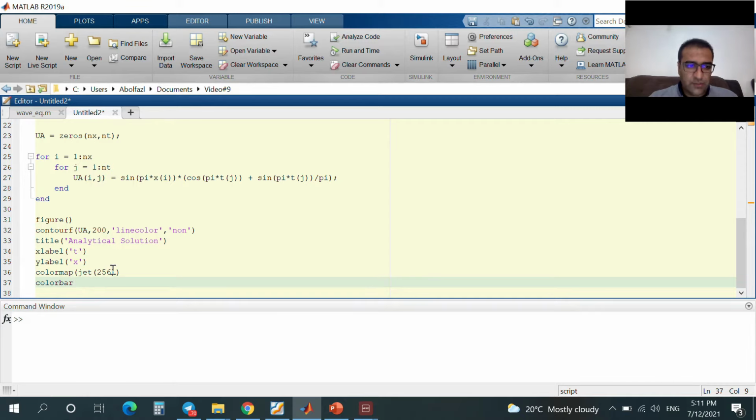The family we use for the color map is jet, and this number represents the number of colors that we want to use. If you look at the previous video, you should know all of this.